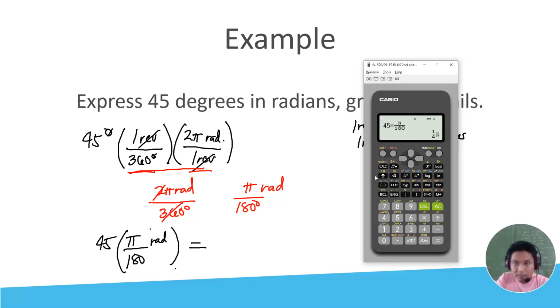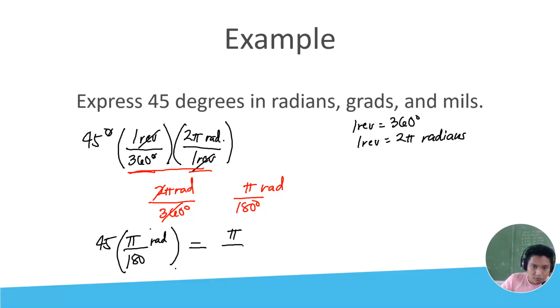That is pi over 4. Okay, so that's the answer, pi over 4 radians.